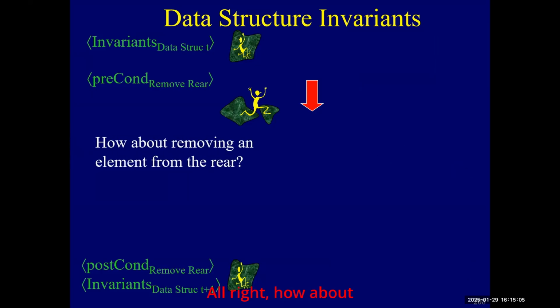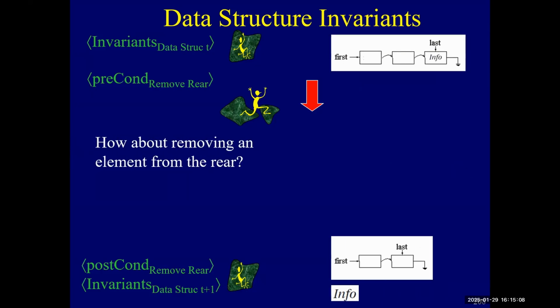All right, how about removing the last item? All right, everybody think about how you remove it. You can get to it through last, right? You can kill it through last, right? But what's the hard part?